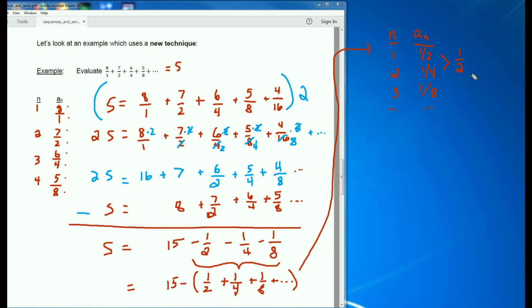And it's less than 1, so therefore I can calculate the infinite sum of that geometric series. Okay, so remember, it's just the first term, a1, which is 1/2, divided by 1 minus r, which is 1/2. So this is super easy because it's just 1/2 divided by 1/2, which is 1.